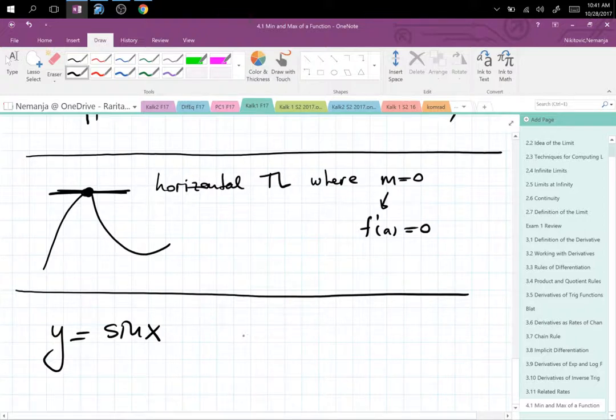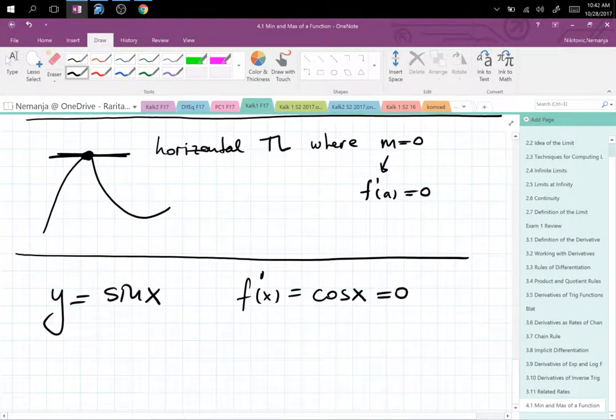To find the answer, we take the derivative, which is cosine x. We set that equal to 0, and we solve this equation. Where is cosine x equal to 0? Cosine x is equal to 0 at every pi over 2 plus minus 2n pi. n is 0, 1, 2, 3, and so on. There are infinitely many.